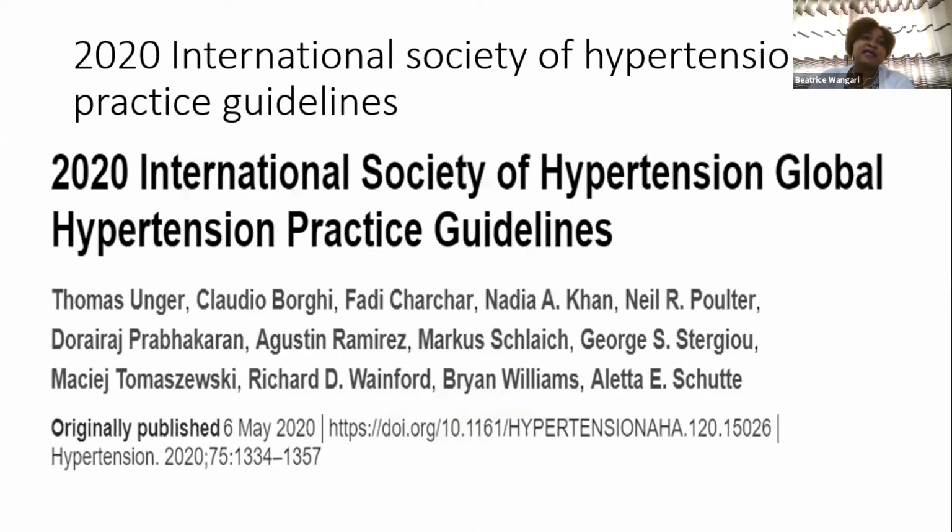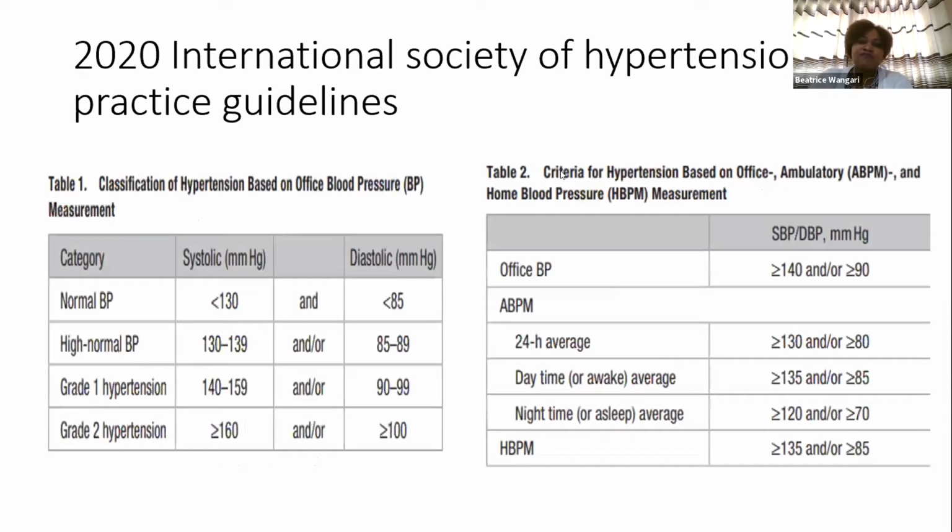sometime this year, another society called the International Society of Hypertension came up with some guidelines. This was published in June this year. And their focus was actually on the use of ambulatory blood pressure monitoring and home blood pressure measurements as compared to office blood pressure measurements.